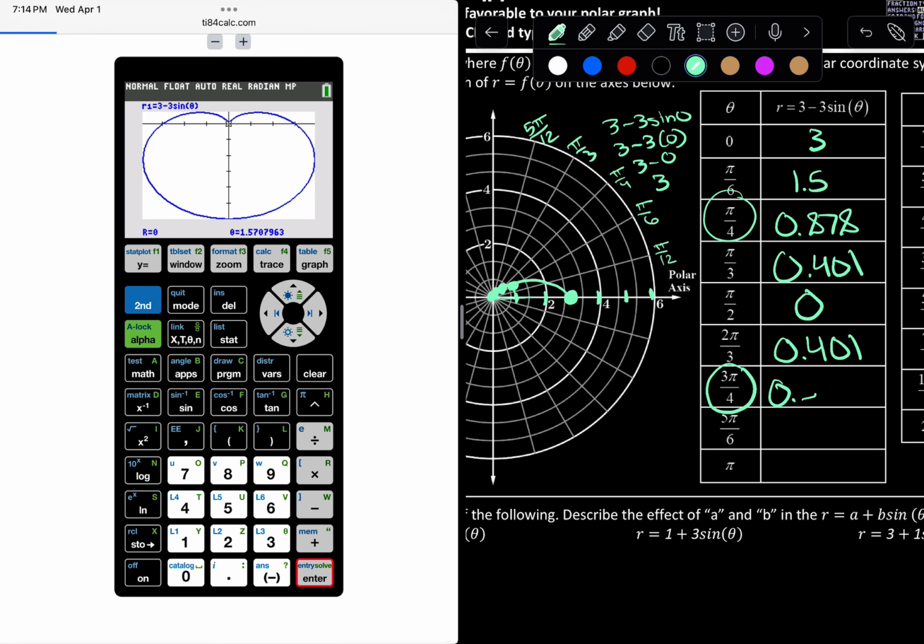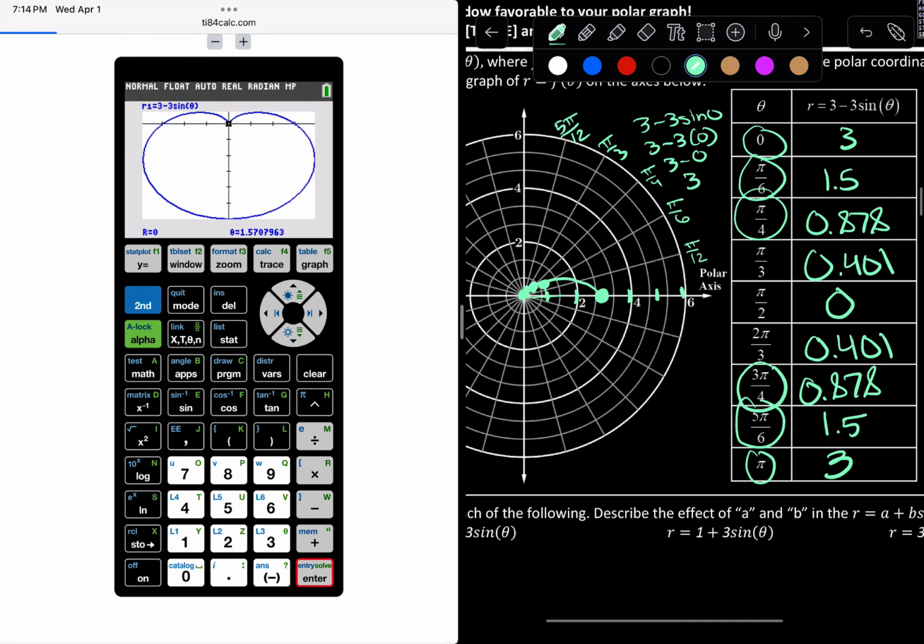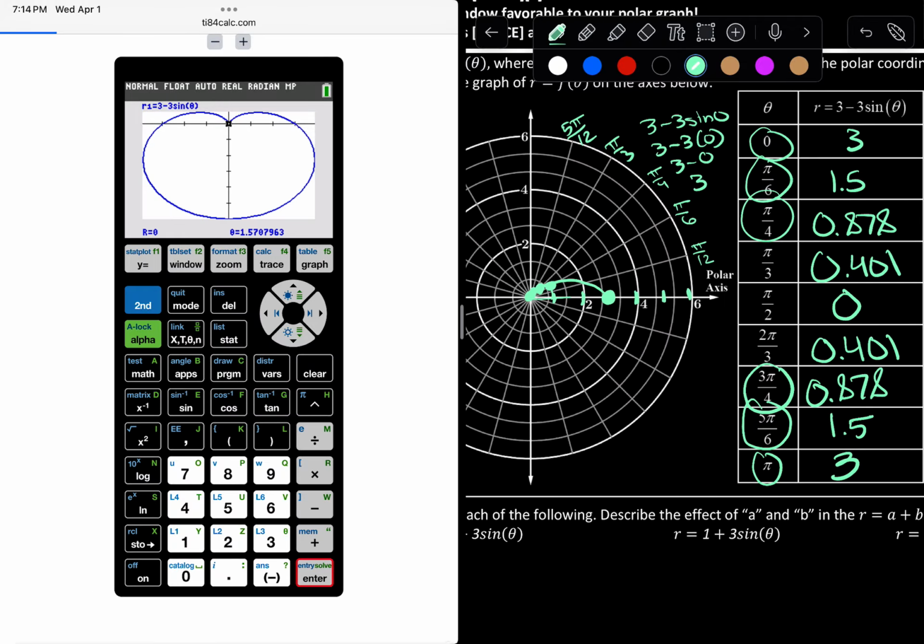That will be 0.878. My value at 5 pi over 6 will equal pi over 6, which is 1.5. And then at pi, we're back to the maximum radius of 3. Okay, so this symmetry occurs for the ones that you will see in this course. They almost always occur 95% of the time.